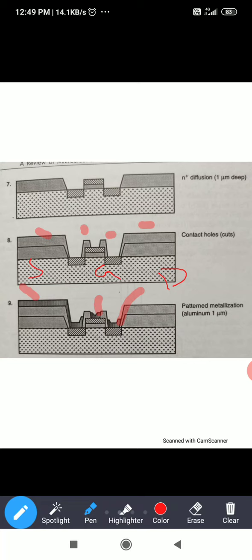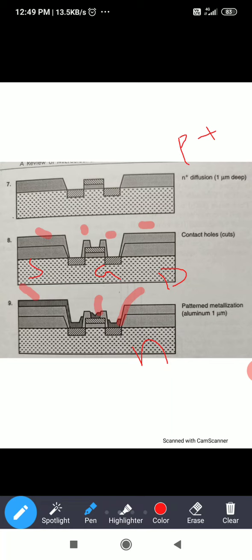Whereas for the PMOS structure, the procedure is the same, but here we will use an N-type substrate. Here the diffusions are P plus diffusions. The procedure is the same, but the diffusion is P plus diffusion.